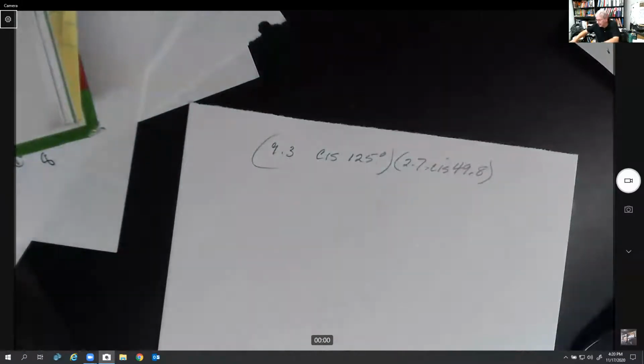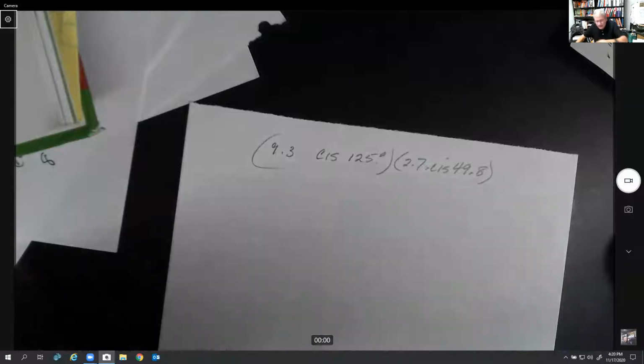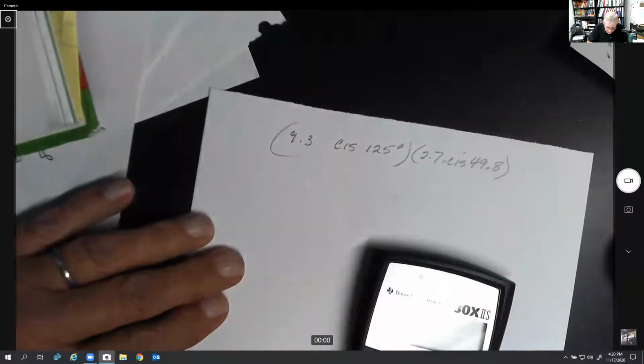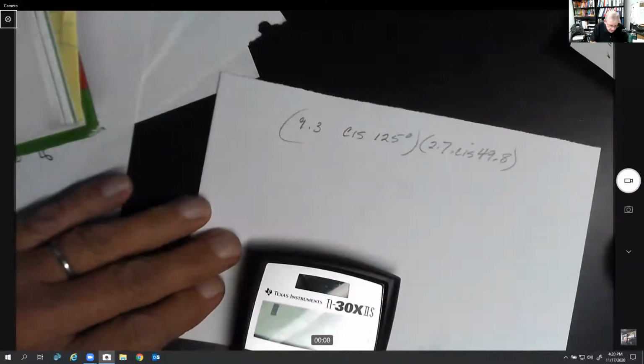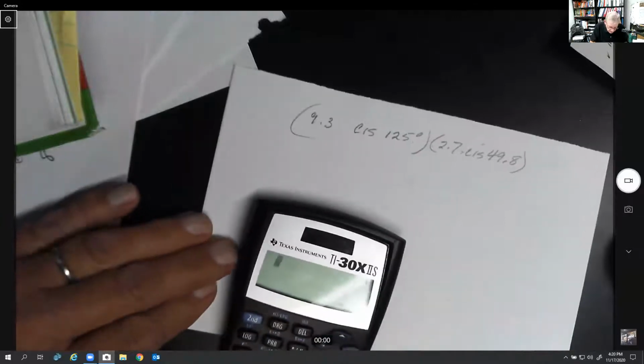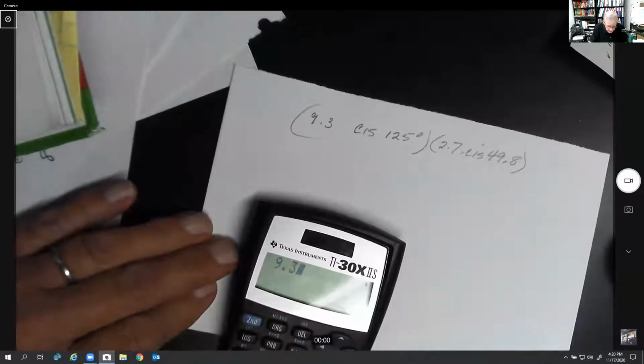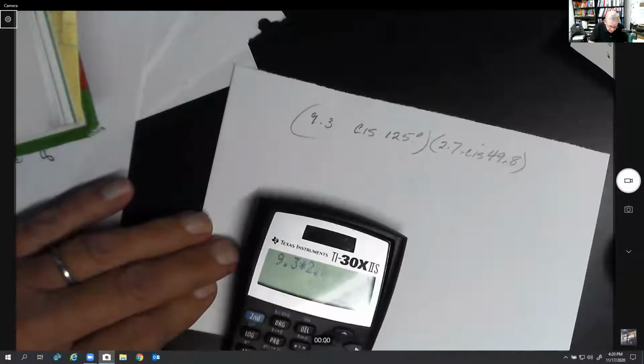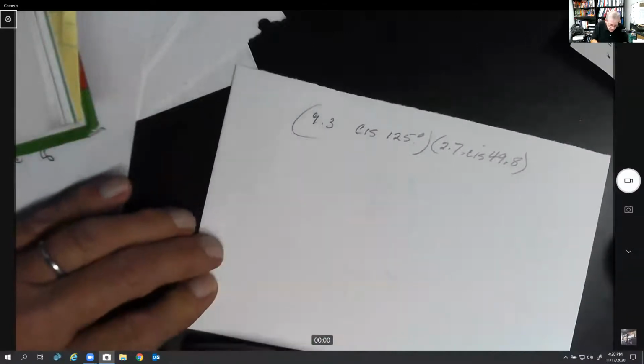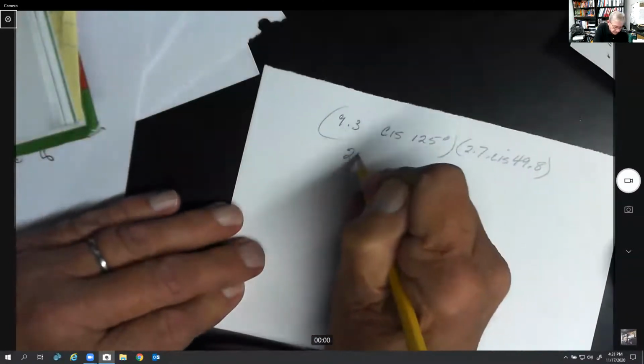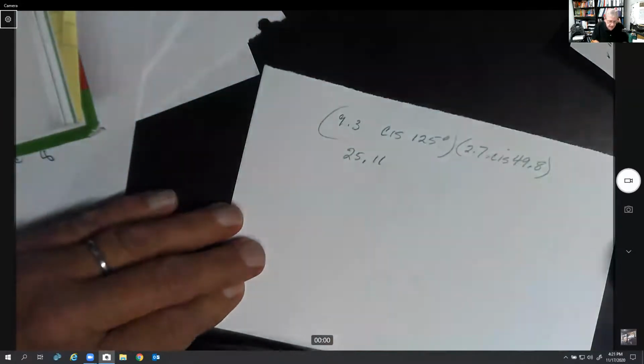If I can find a calculator here. Here we got a calculator. Okay, let's clear this whole thing out. So I got 9.3 times 2.7, and I got 25.11. Okay, that was easy enough, huh?